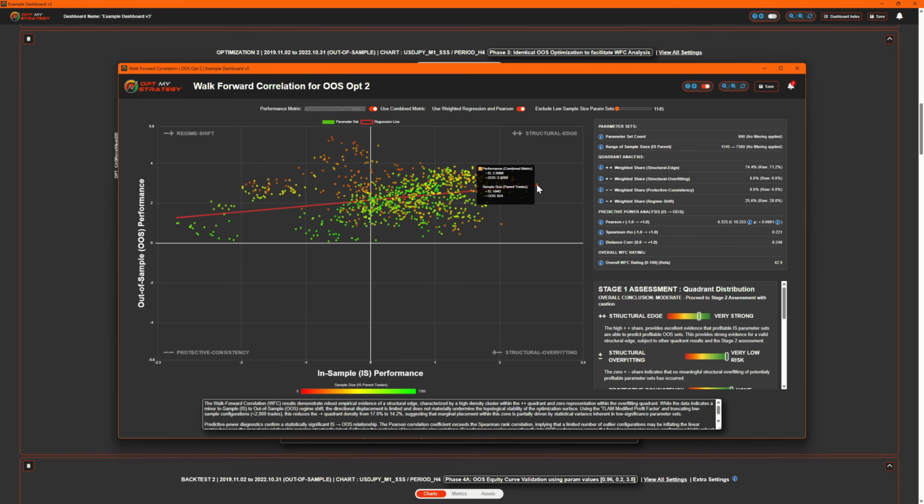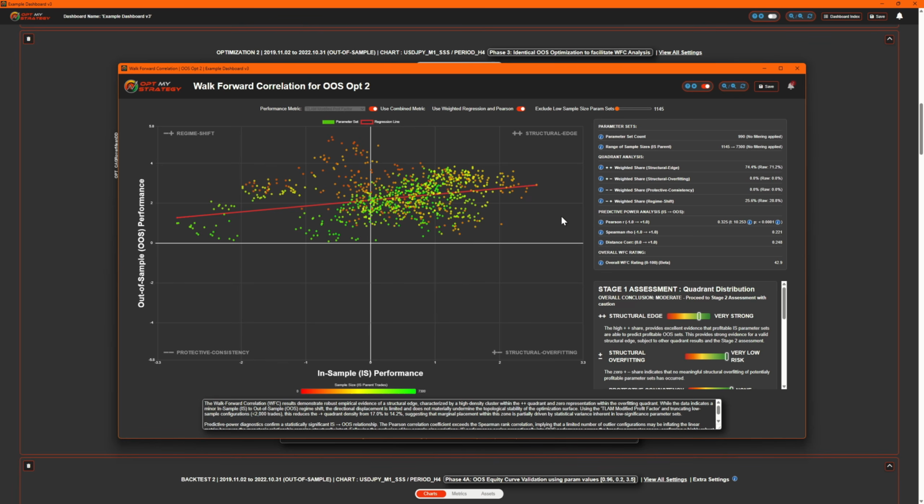If points, however, scatter across all 4 quadrants, the strategy is much more unstable, even if the best in-sample parameter set looked amazing and fooled you into thinking you had something robust. For the first time, retail traders can see the entire optimization landscape, not just the cherry-picked winner. It puts you on a level playing field with professional quants and institutional trading teams.